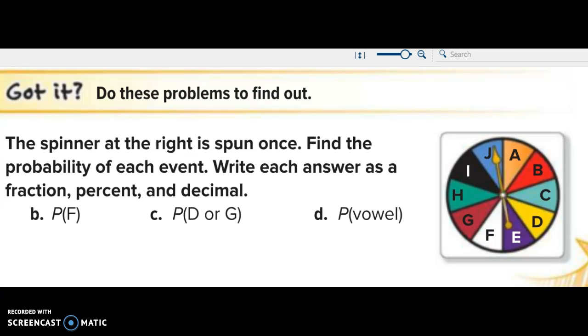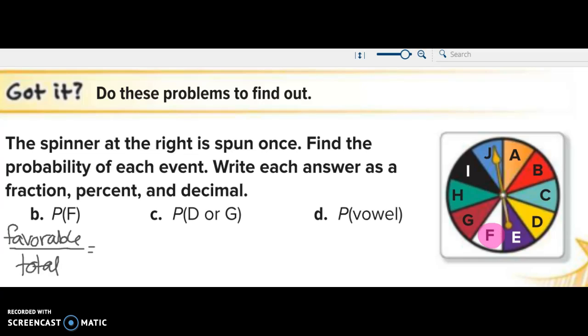Okay, so in Got It B, it says we need to find the probability of spinning F. So again, we're always going to write our favorable over our total possible outcomes, okay? So our favorable is F. If you look over here at the spinner, we can spin an F once, okay?